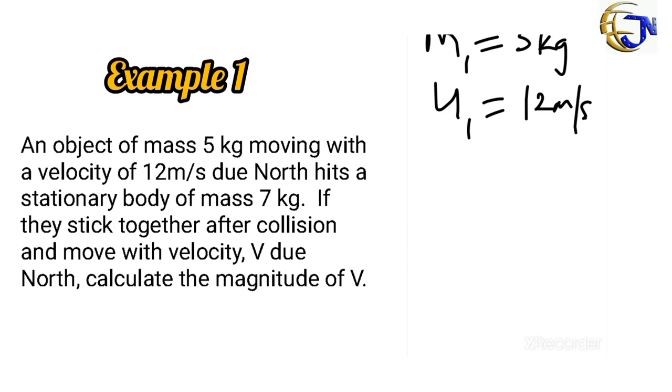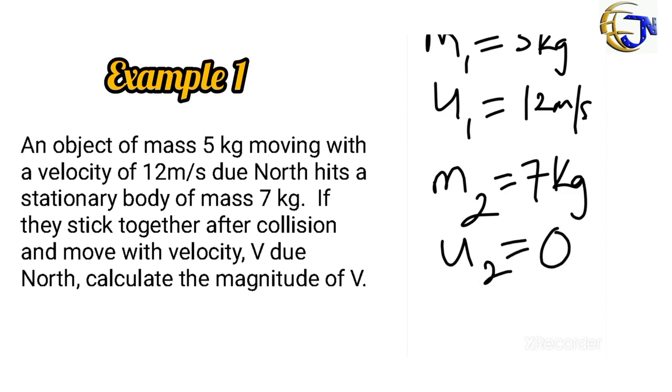It hits a stationary body. It means that the second body of mass M2 is 7 kg, and it is stationary, so U2 is 0.